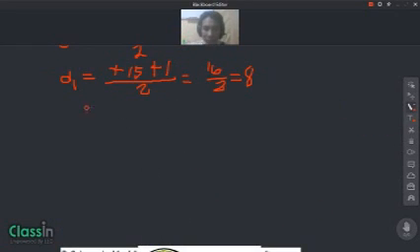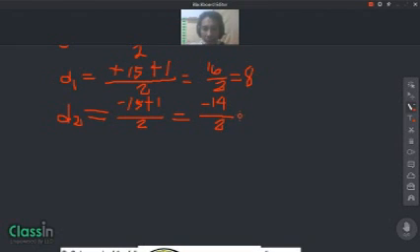Next, our d sub 2 is negative 15 plus 1 divided by 2. Negative 15 plus 1 is negative 14, divided by 2 equals negative 7.